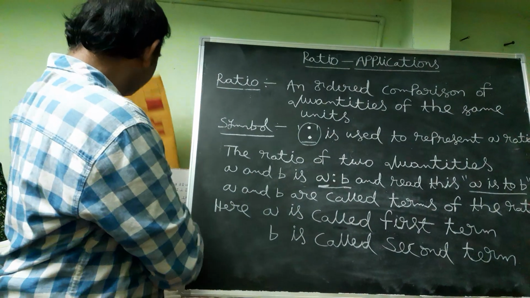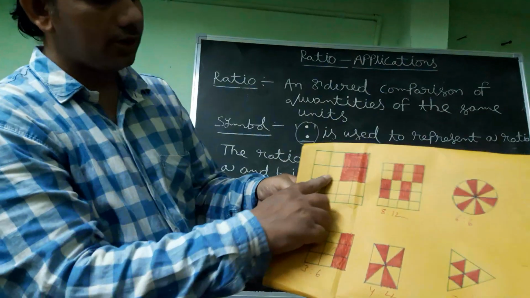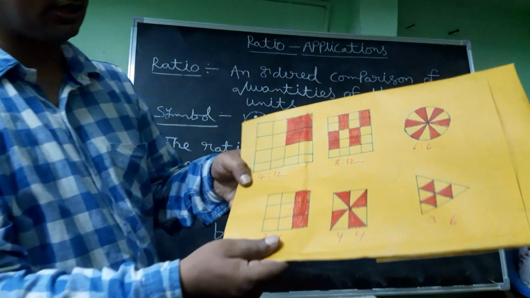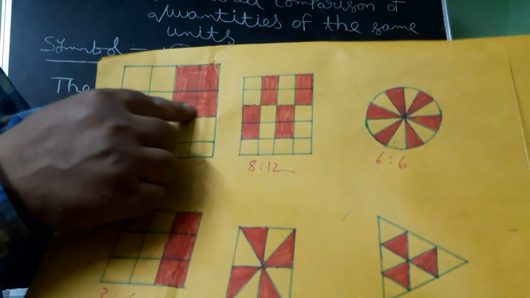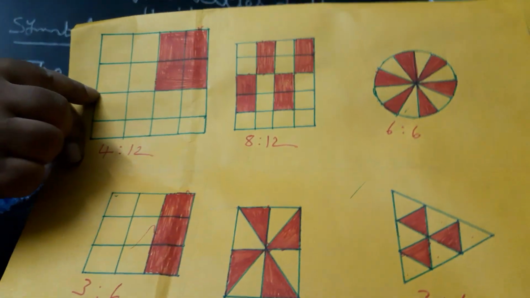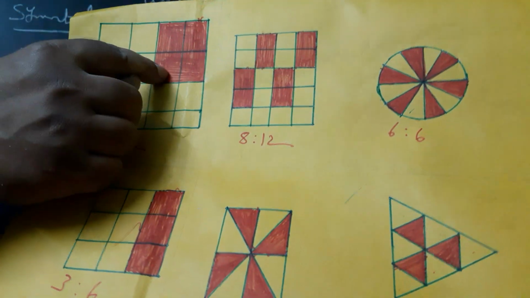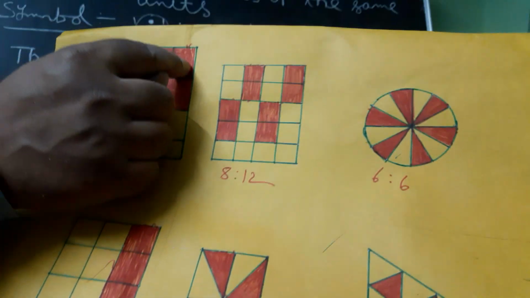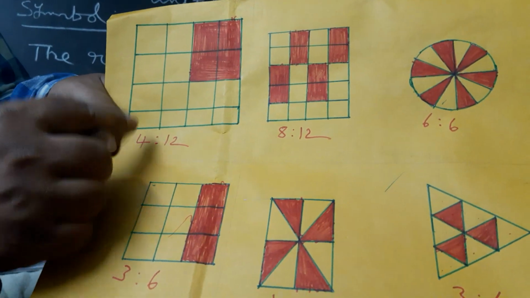See here, one box is there. In this box, these are shaded parts, these are unshaded parts. So first box, how many shaded parts are there? Shaded parts, 1, 2, 3, 4. 4 parts are there.